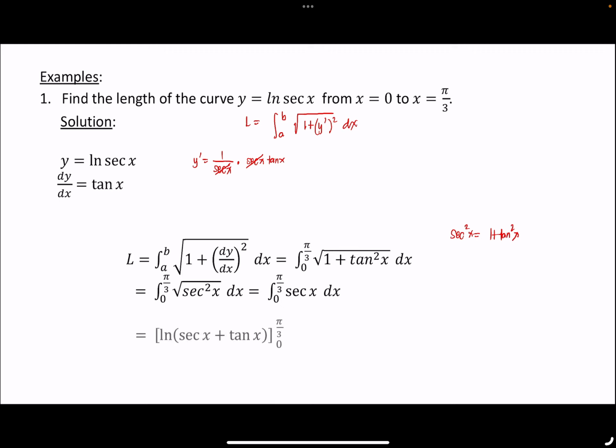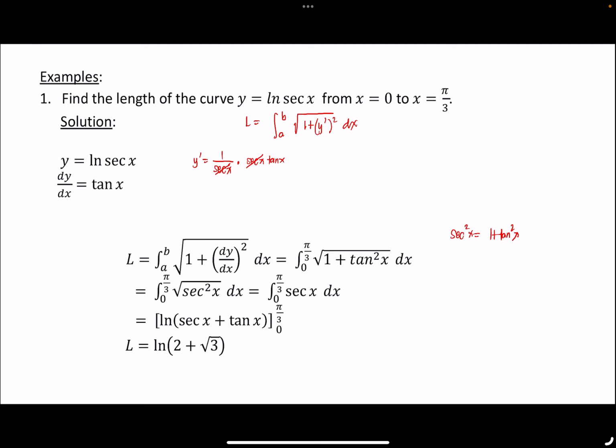Integrating secant, we will have ln of secant x plus tangent x from 0 to pi over 3. Plugging in pi over 3 for the upper limit and 0 for the lower limit, we will have ln of secant of pi over 3, which is 2, plus tangent of pi over 3, which is square root of 3.